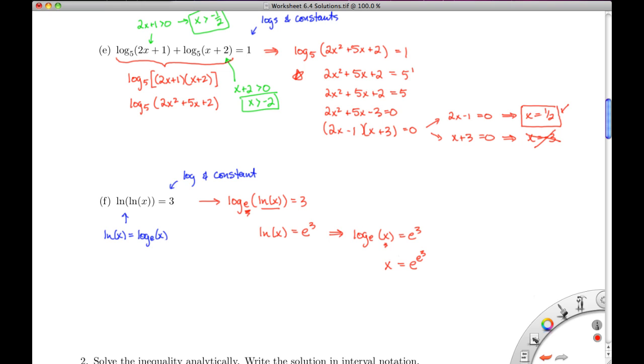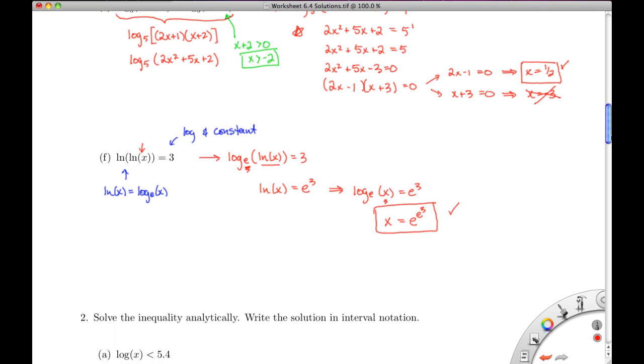So we've got x equal to e raised to the power of e to the 3. Now this is definitely a positive number, and that's going to work out just fine. And here we can plug this in, so this one checks out. A little bit tricky, but we just basically had to make two conversions from logarithmic to exponential to solve that.